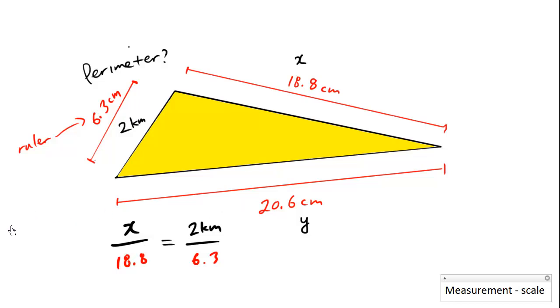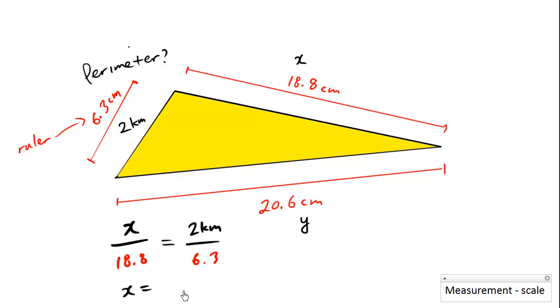Similarly, we could have also said 18.8 over x is equal to 6.3 over 2. We could have flipped both of them and that would have been okay. So when we have two fractions and an equal sign, we can use cross multiplication to solve for x. We can say that 6.3x equals 18.8 times 2, or we can simply multiply both sides by 18.8.